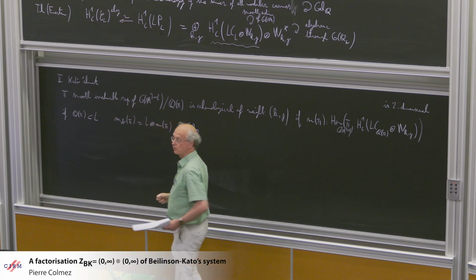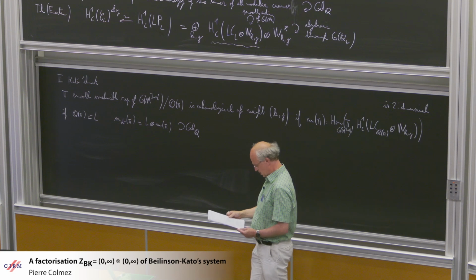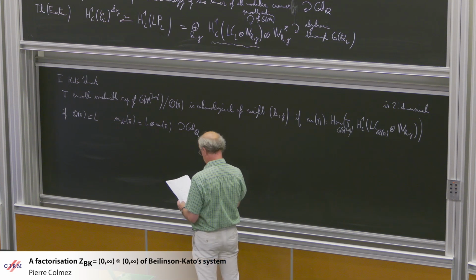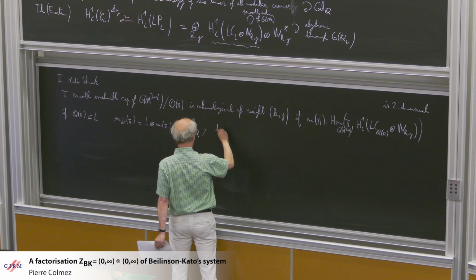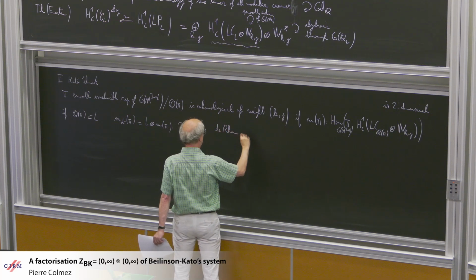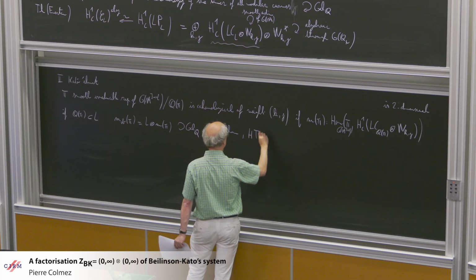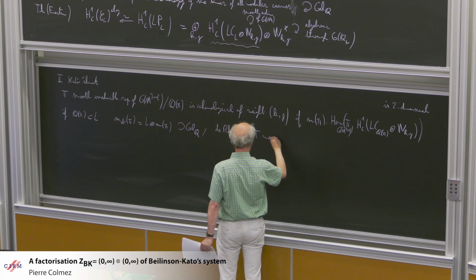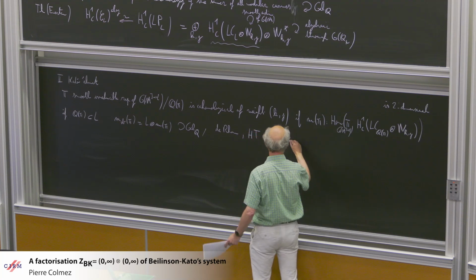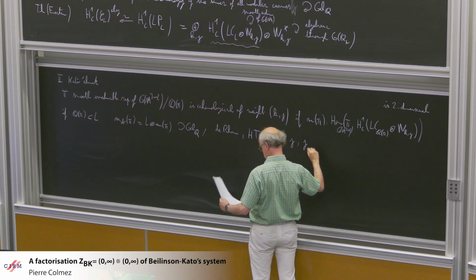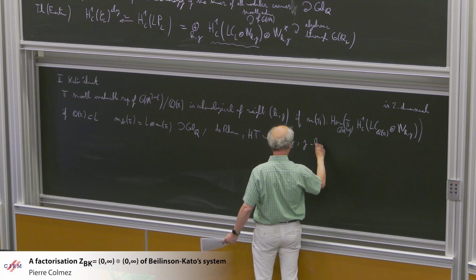So it's a two-dimensional representation of the Galois group. And so it has many properties, but one of the properties that we are going to use is that it is de Rham. And the Hodge-Tate weights are j and j minus k minus 1.